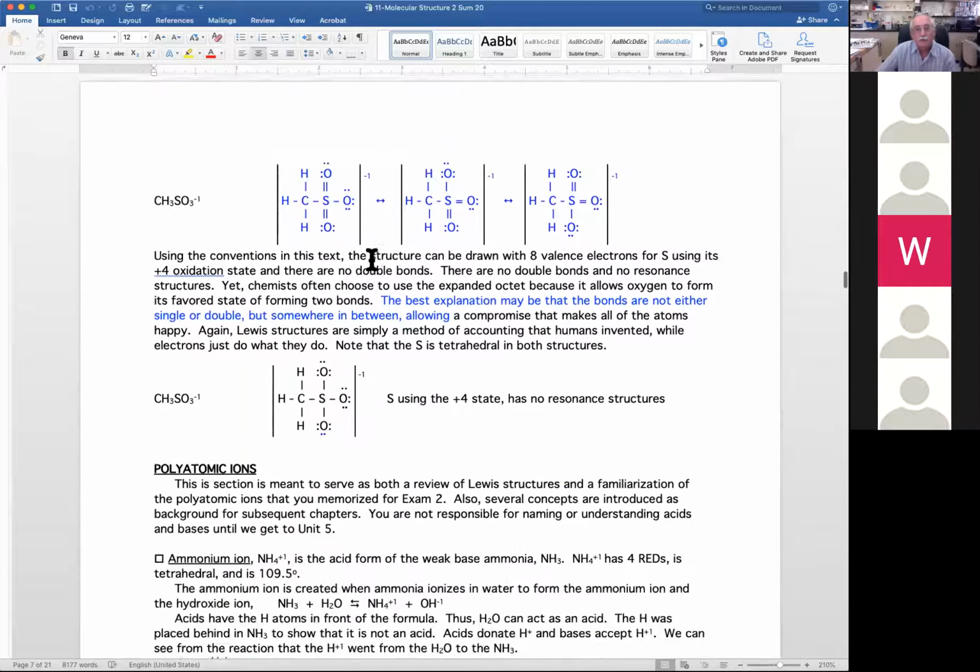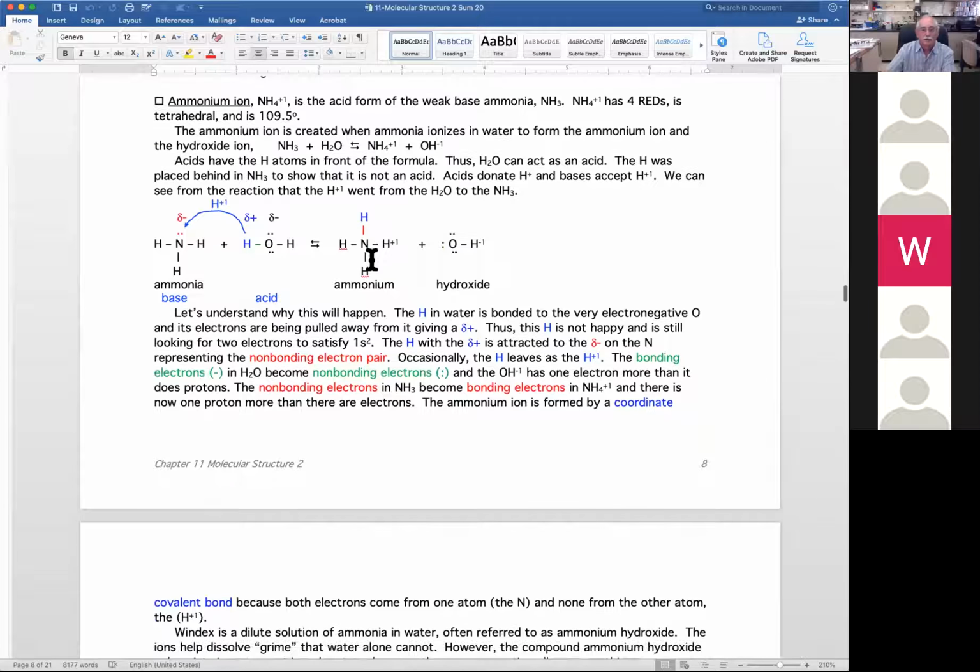Just like with the polyatomic ions, I just showed you all of them. So I know that when you're doing your homework, maybe you're supposed to write the Lewis structure for aluminum, I should say ammonium chloride or something. Yeah, the ammonium ion is right there. That is the Lewis structure for it.